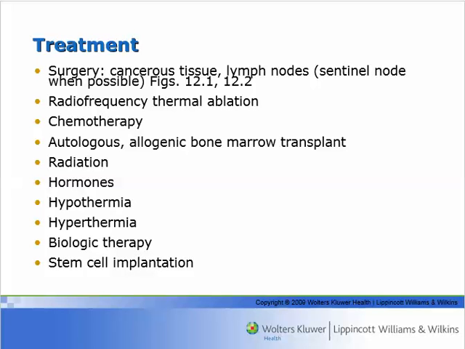Just cut the damn thing out. Or burn it out using radiation therapy. Stop the growth of it using hormones. They freeze it off with liquid nitrogen if it's on the surface, especially if it's a little in situ pre-malignant sort of thing.